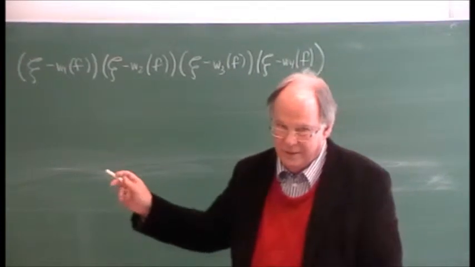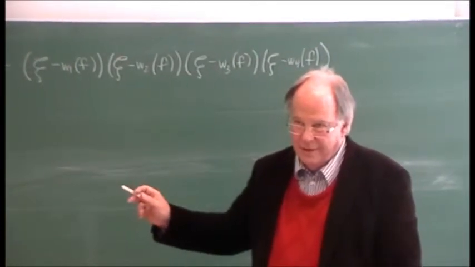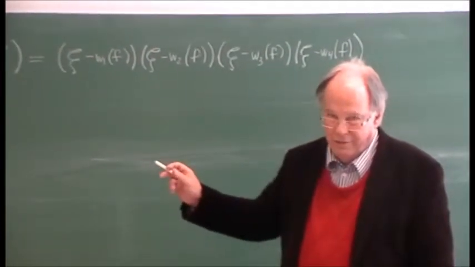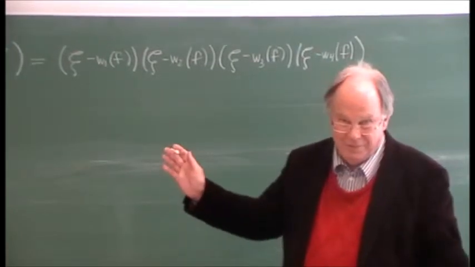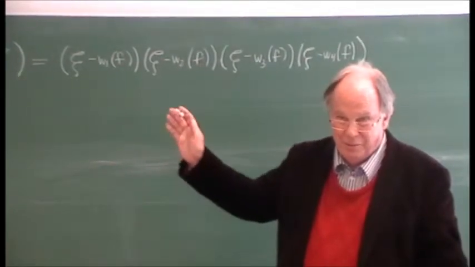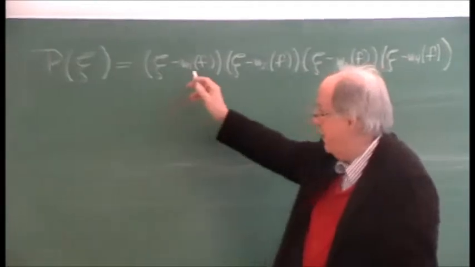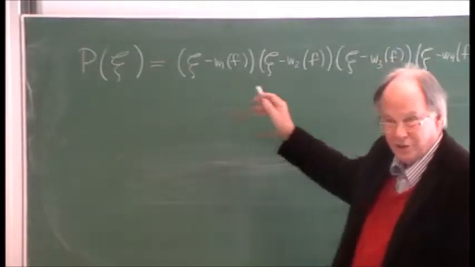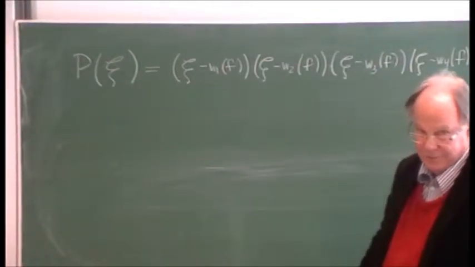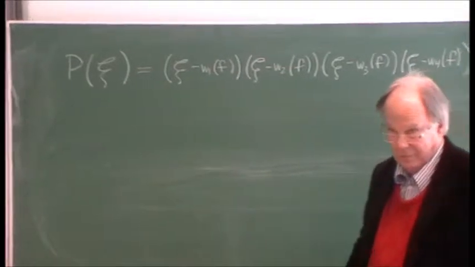This polynomial doesn't depend on the order of the w's, right? I make a permutation. I mean, it's pretty stupid. I make a permutation of the order. It doesn't change this. This is stupid, but fundamental.